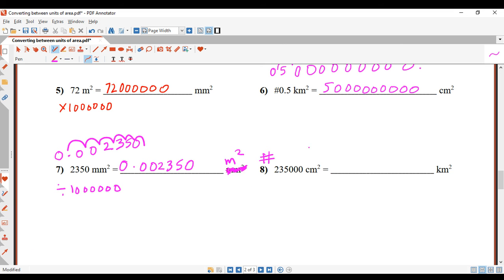Okay, so to work this one out, I'm going to move the decimal point 10 places to the left. So I'm just going to write down the digits first. All right, so I'm starting my decimal point here, and I'm going 10 places left. 1, 2, 3, 4, 5, 6, 7, 8, 9, 10.